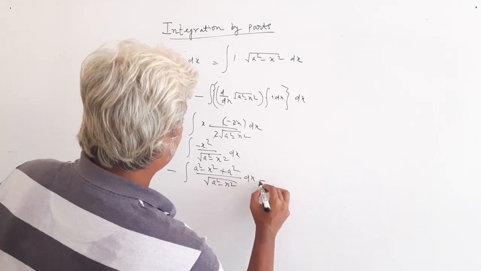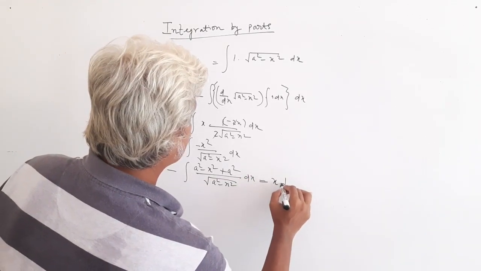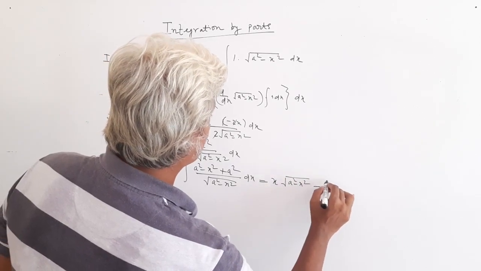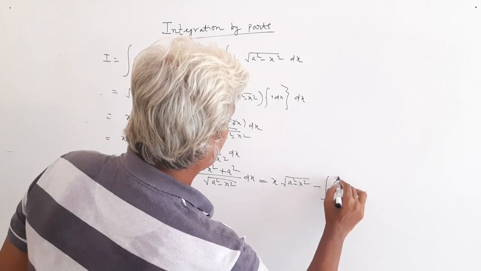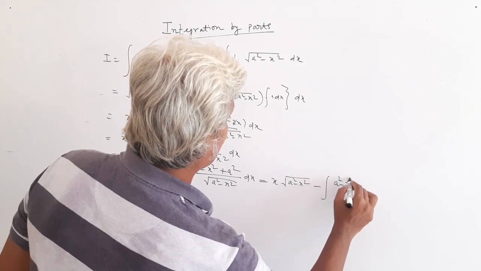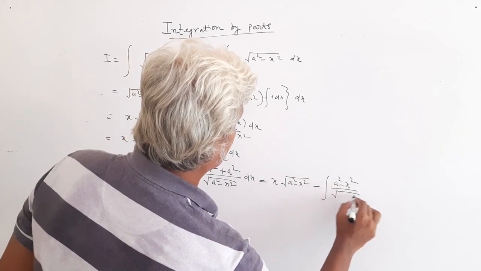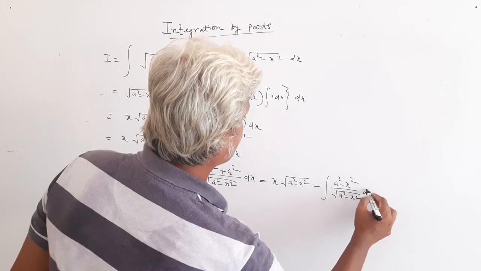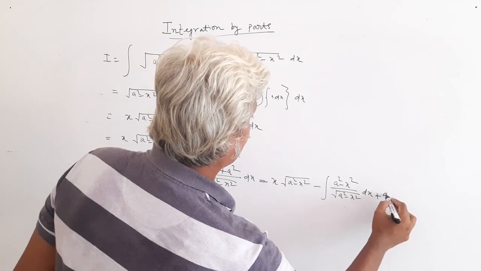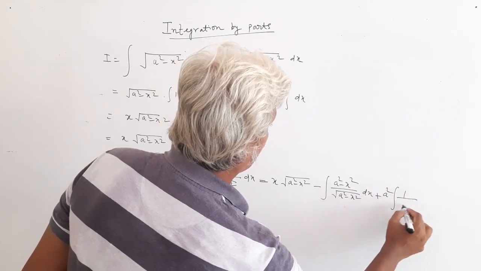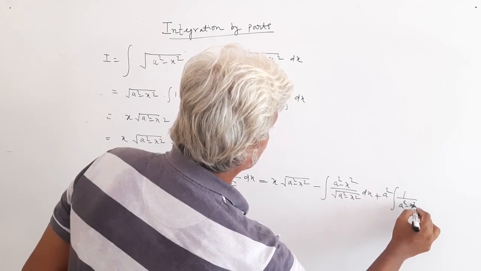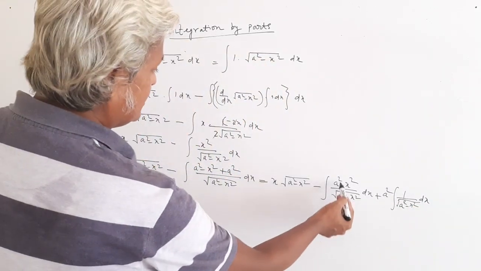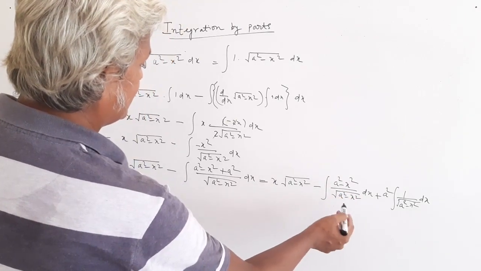So this will become x under root a square minus x square minus integral a square minus x square over under root a square minus x square dx plus a square integration of 1 over under root a square minus x square dx. So now this term, you see, this just cancels, this becomes I.